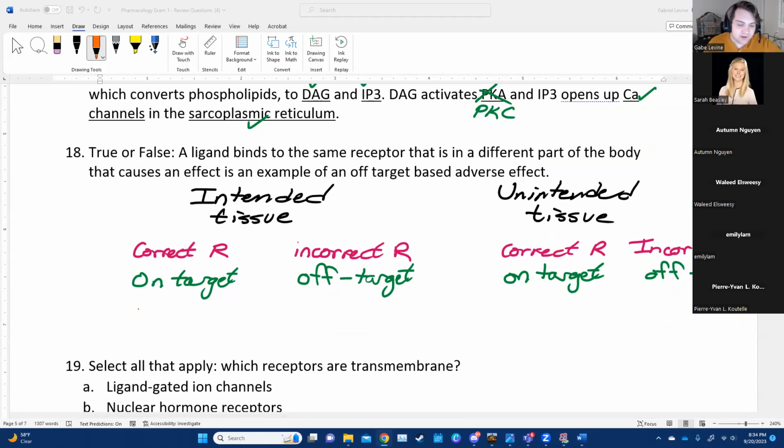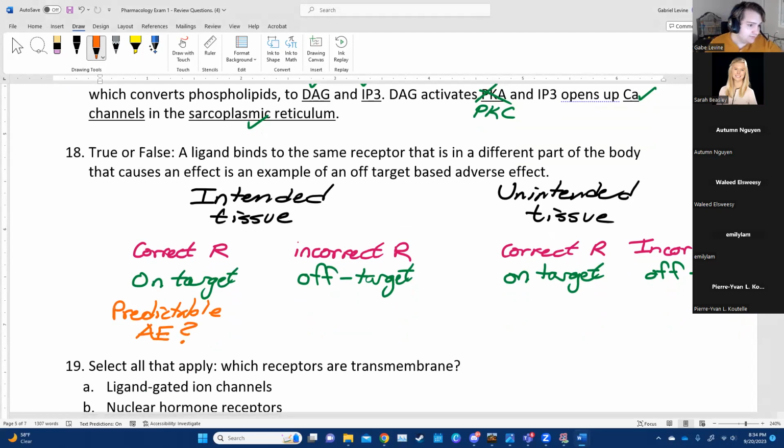Question for you. Is this a predictable response? Is this a predictable adverse effect? Yeah, it would be, right? Because we know exactly where it's going. We know what kind of effect it should have.